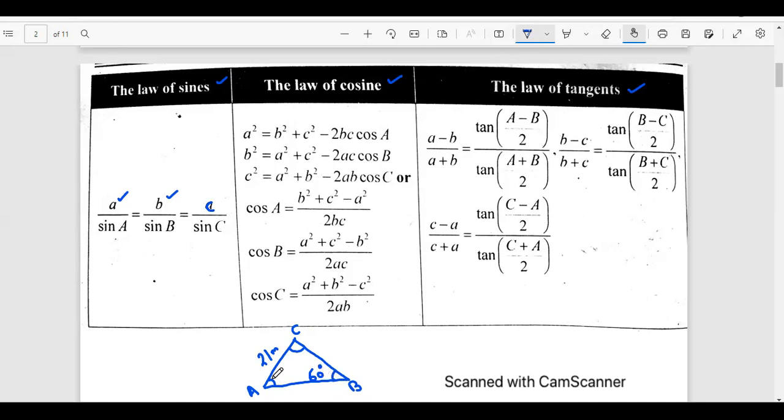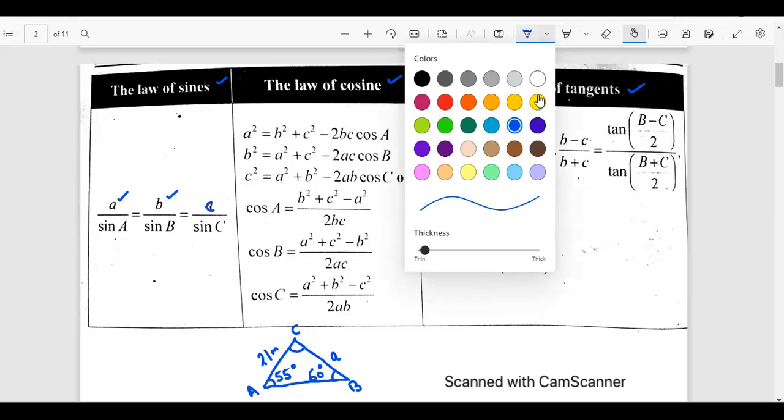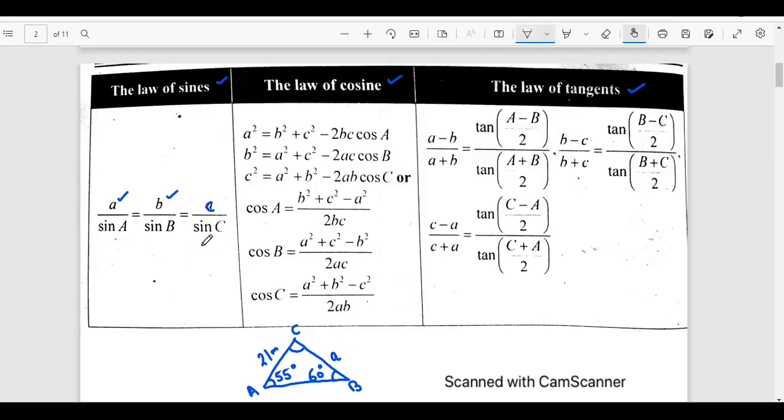Okay. Then this angle is, for example, 55 degrees, and you are interested in small a. What exactly we are going to use? We will use the first two ratios only. We do not need the third one in this case. So let's just ignore this. We don't need this one.